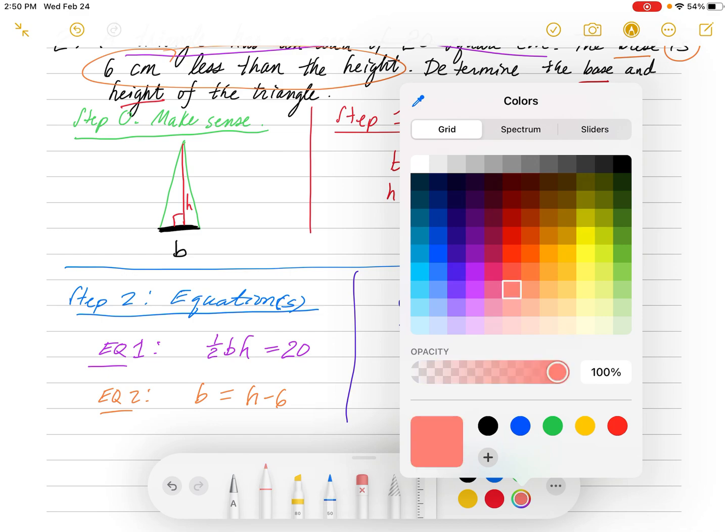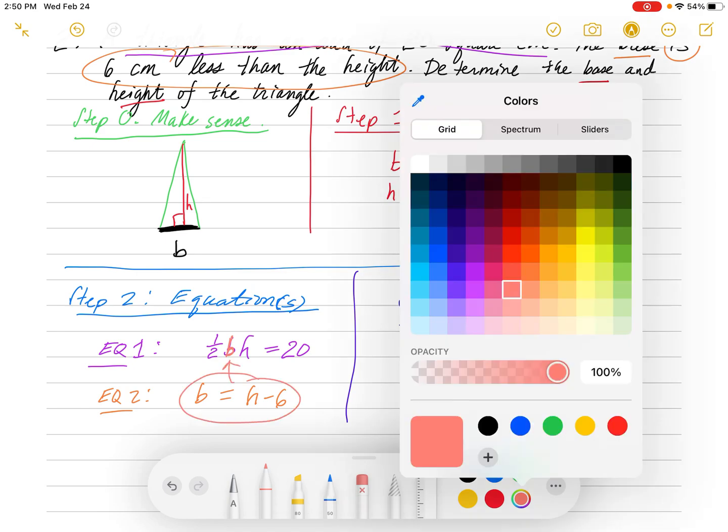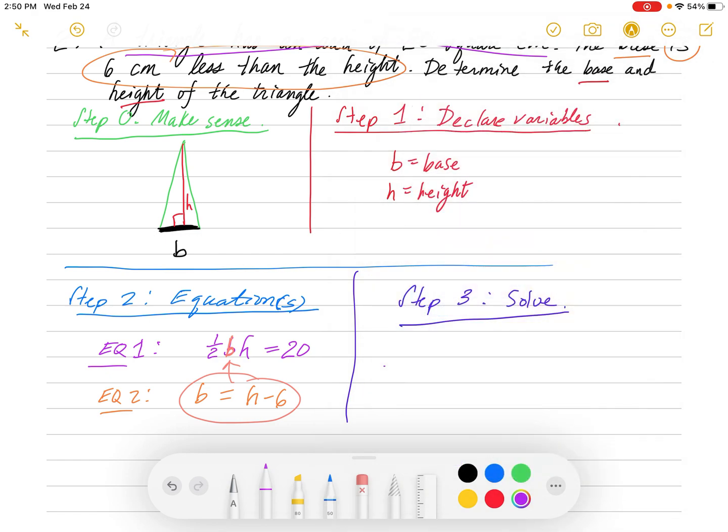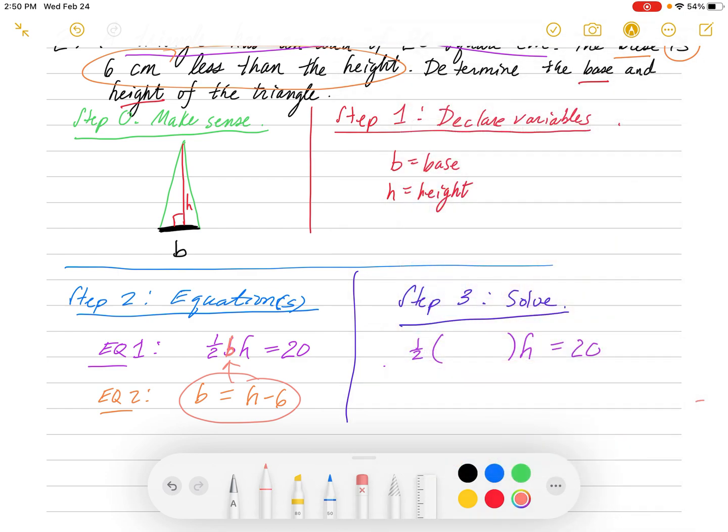So what I can do, in place of this b here in the first equation, I can replace that with h minus 6. So I'll have 1/2 blank times h equals 20. And instead of putting a b there, we'll have h minus 6. We'll replace it with h minus 6.